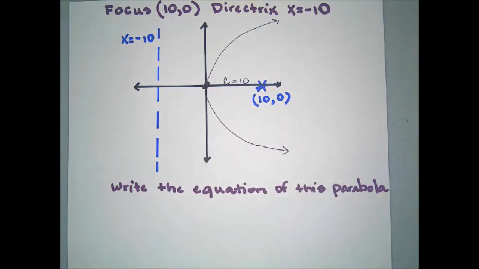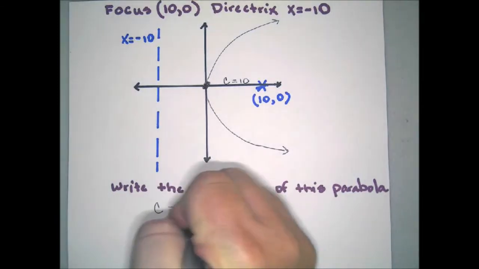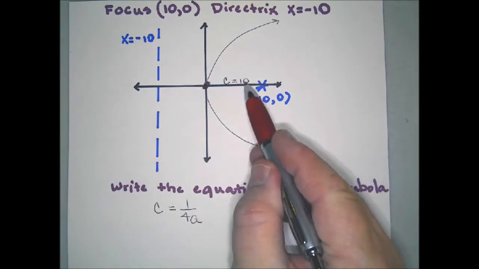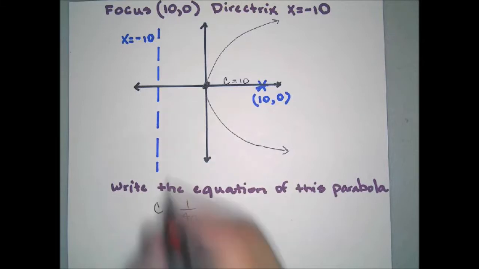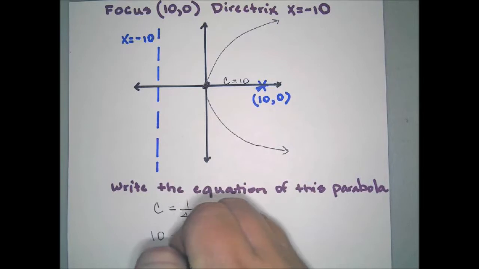Now, we're also going to use the relationship that we know, c equals 1 over 4a. Well, if c equals 10, then I can substitute the c value for 10 right here. So 10 equals 1 over 4a.